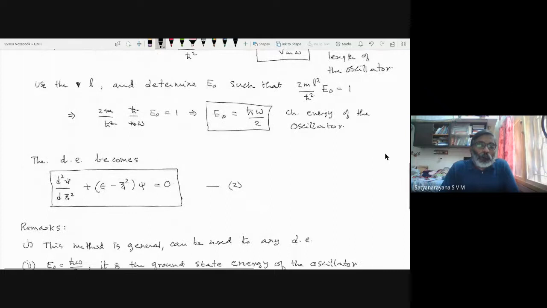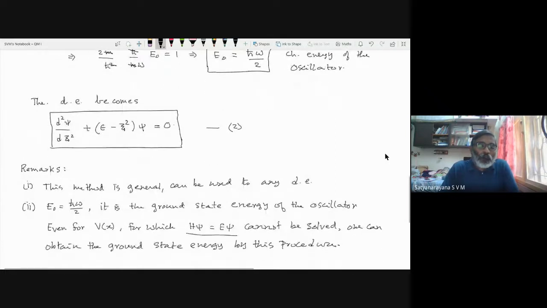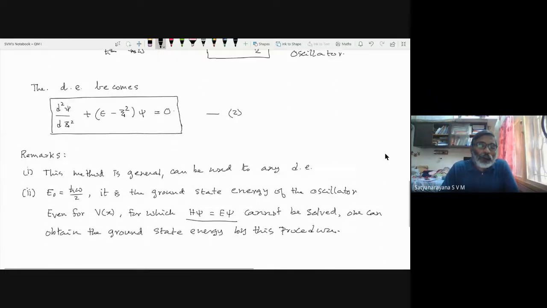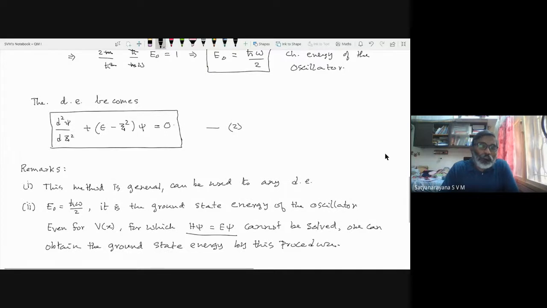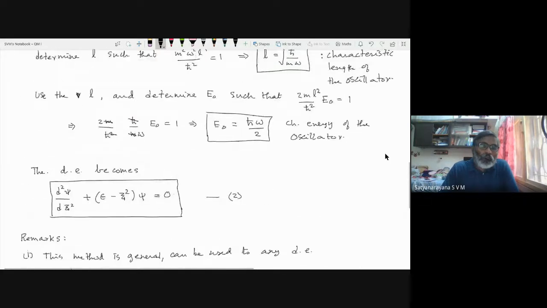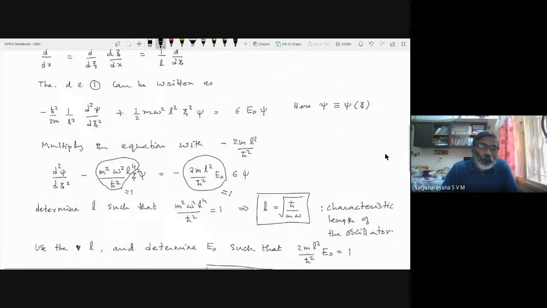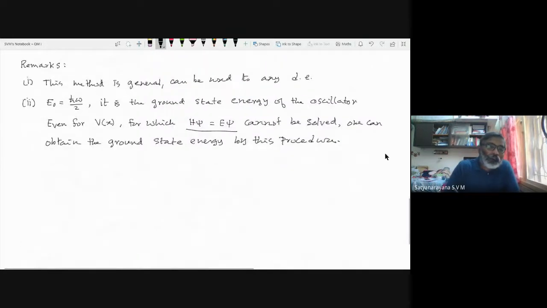After we recast this equation in this fashion, now we will go to the next step. Let us try to understand what those observations mean. x and xi are the same because they are simply related by a constant.